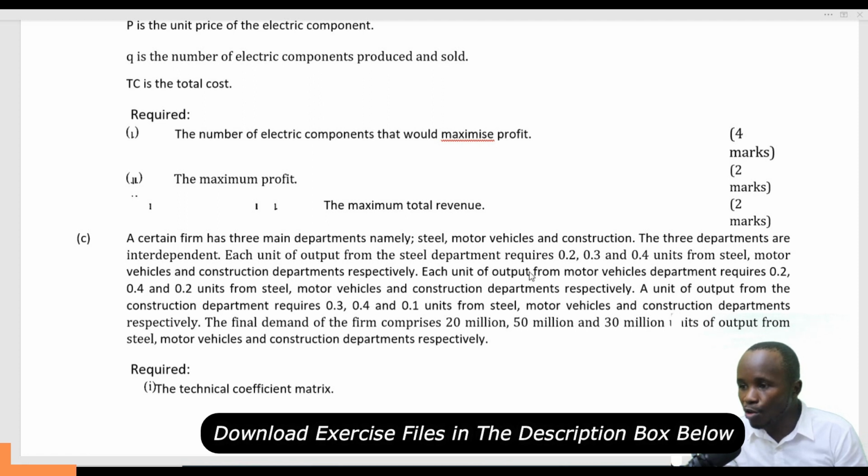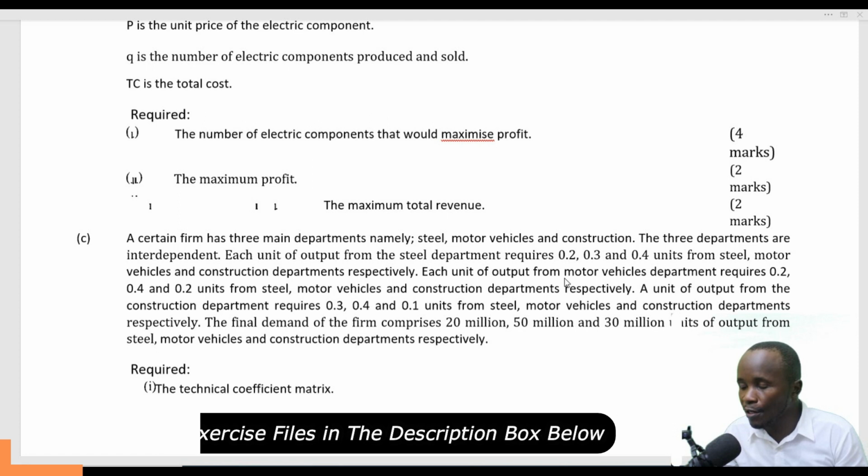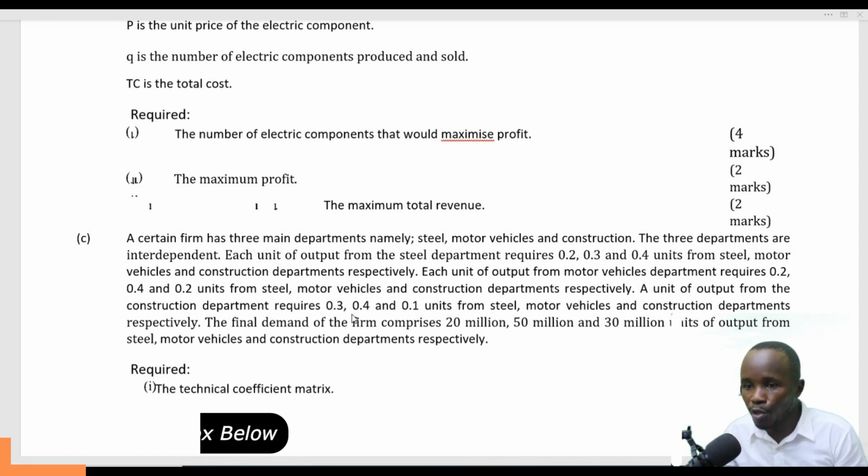Each unit of output from motor vehicle departments requires 0.2, 0.4, and 0.2 units from steel, motor vehicle, and construction department respectively.